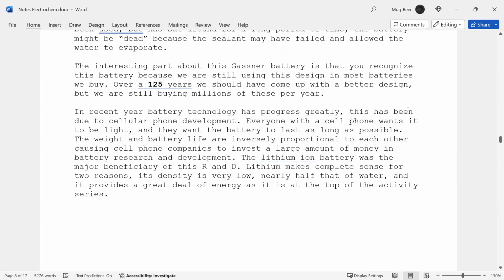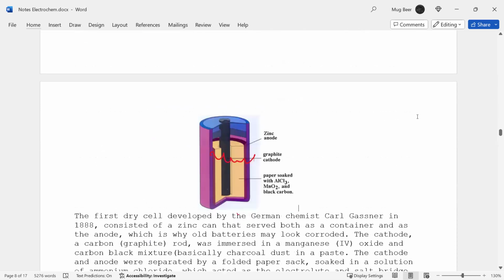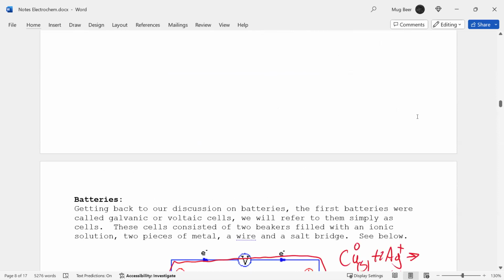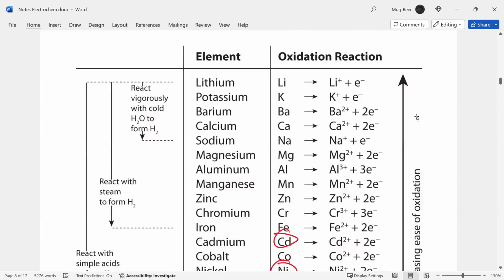Why is lithium a fantastic choice for a battery? It's the top of the activity series, right?